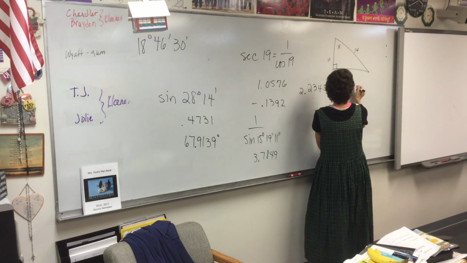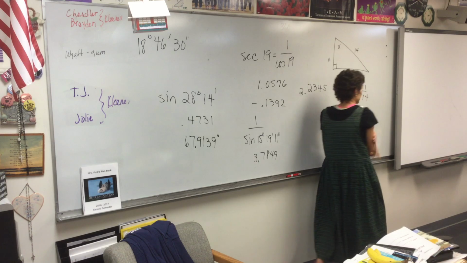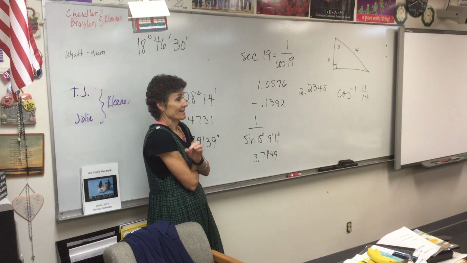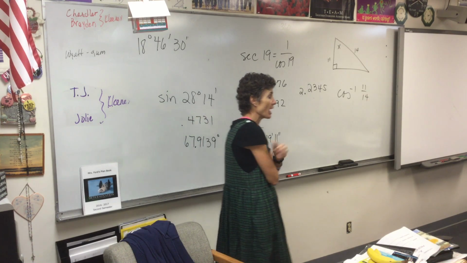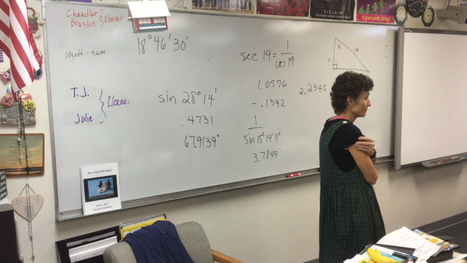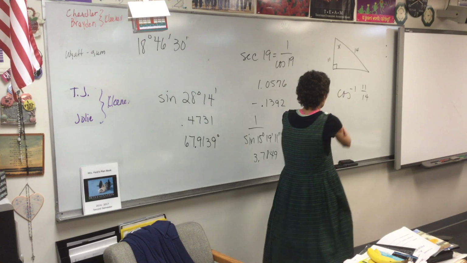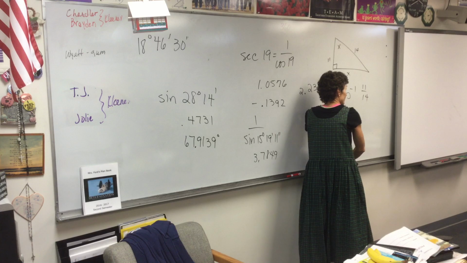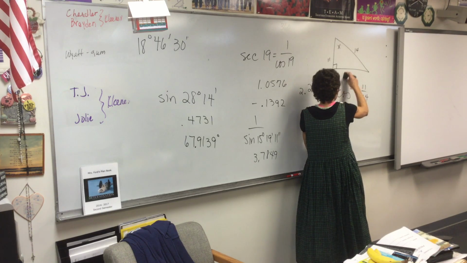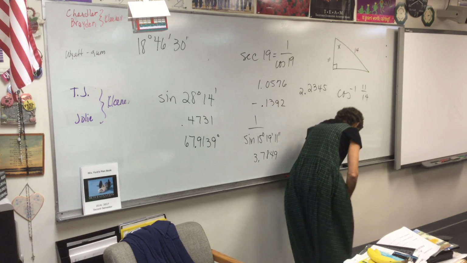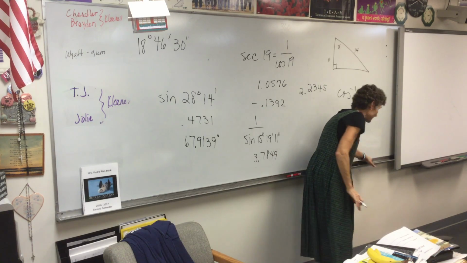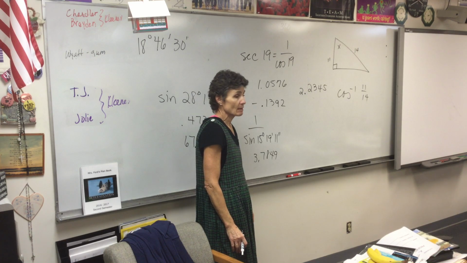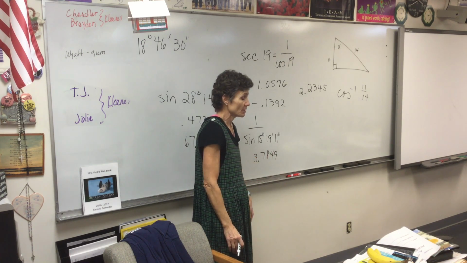So second cosine, 11/14. When your X is an angle, you have to use the special button. If your X were out here on the side, then you'd be using regular cosine. But when it is an angle, you are using the special one. So what did you get as your answer? 38.21? That sound good? I did not type it in, I'll take your word for it.